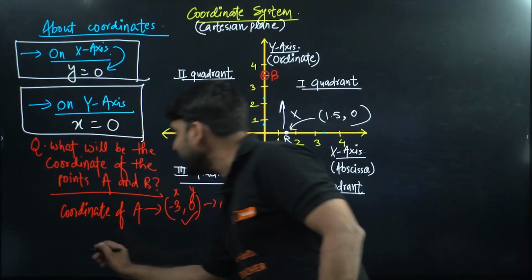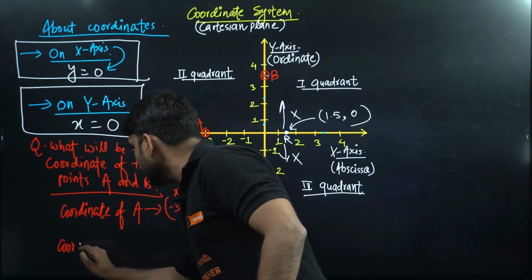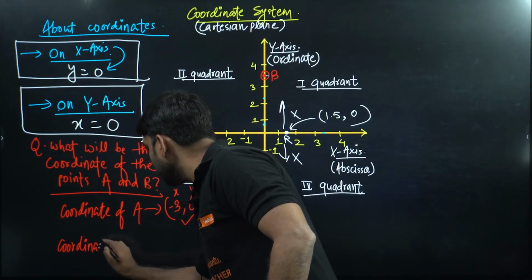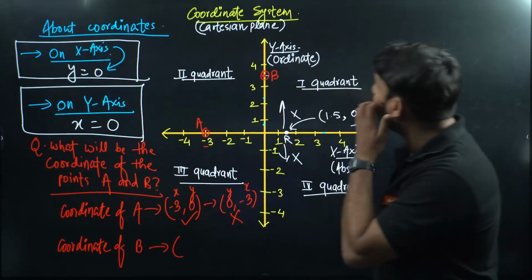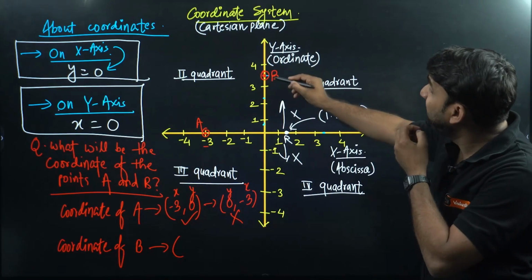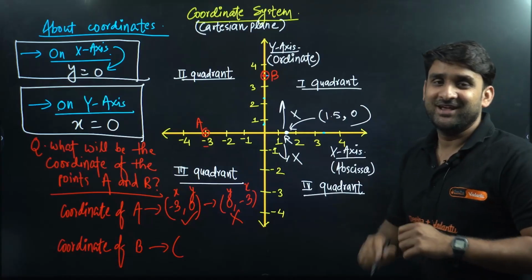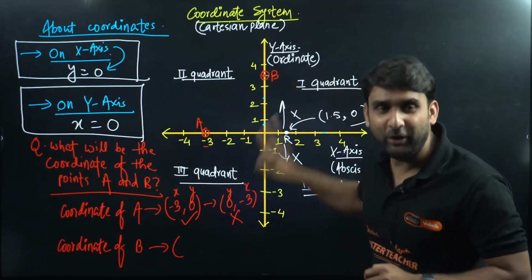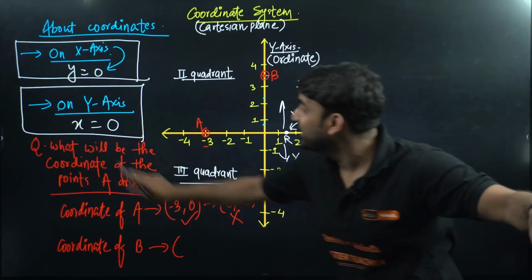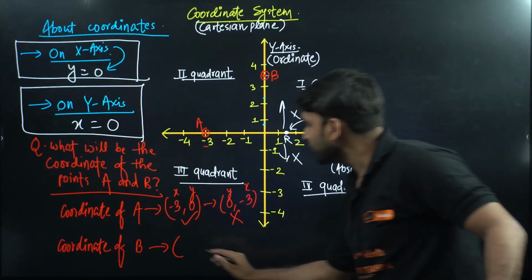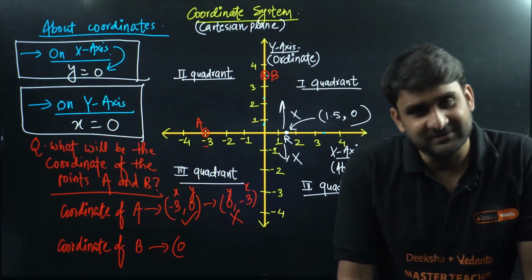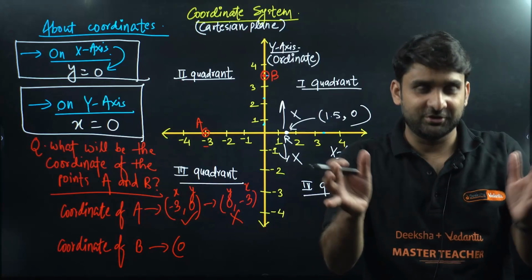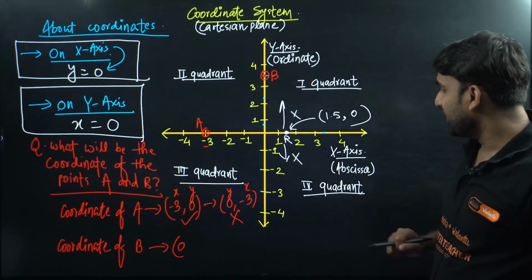Okay, now moving to next. Coordinate of B, champion. So what will the coordinate of B be? Can you see here that B is entirely on the y-axis, and if any point is entirely on the y-axis, the x coordinate will become 0, and we always write the x coordinate first whenever we are writing the position, orientation or coordinate of any object.